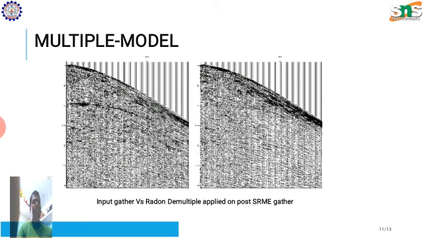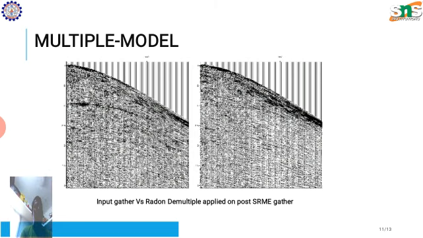The stack sections are shown in the following figures, comparing the stack sections without any demultiple, with radon demultiple, 3D SRME, and radon demultiple applied on 3D SRME results respectively.